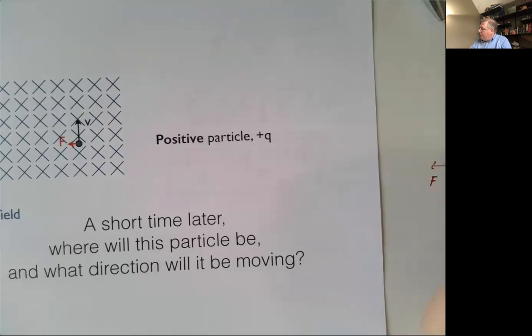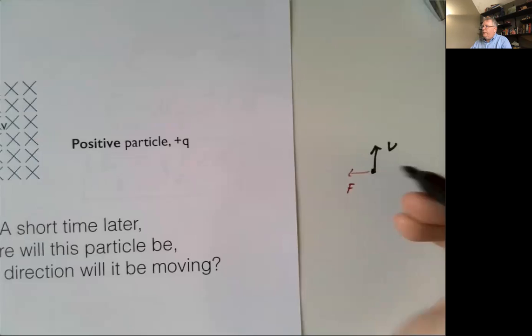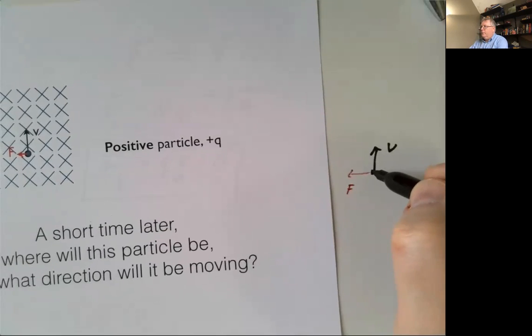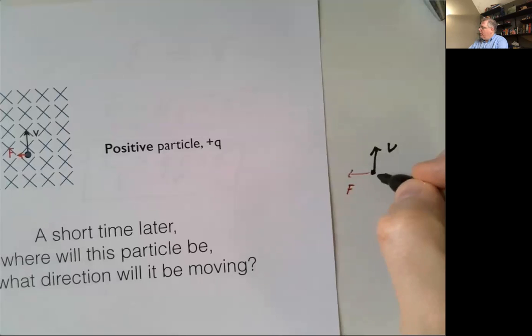We put a dot where it's going to be, and what its velocity is going to be, and what its force is going to be. So you have a piece of paper out. So I put a dot here. A moment later, it's moving upwards, so it's going to be something like here, right?